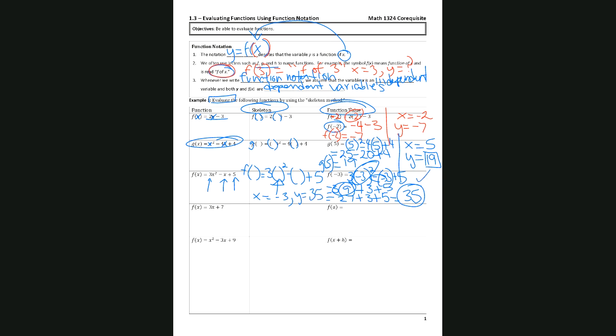So let's move on to our next two for this page. And sometimes it's okay to substitute letters like we have here. It's not only reserved to substituting numbers. So I'm going to write down the skeleton for this first. So it's 3 parentheses and then plus 7. And so what we're going to do now is just replace this a, the variable, in the skeleton.